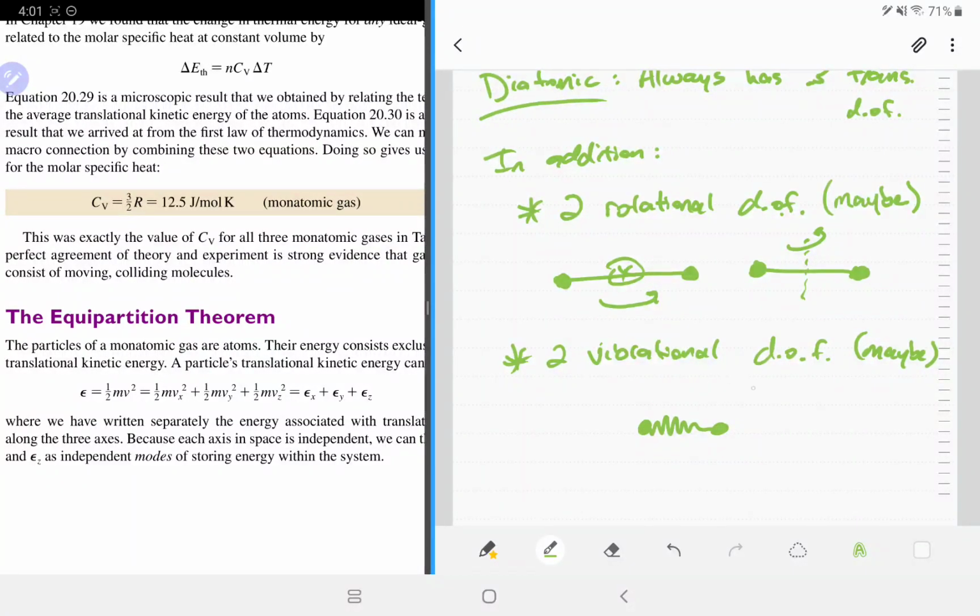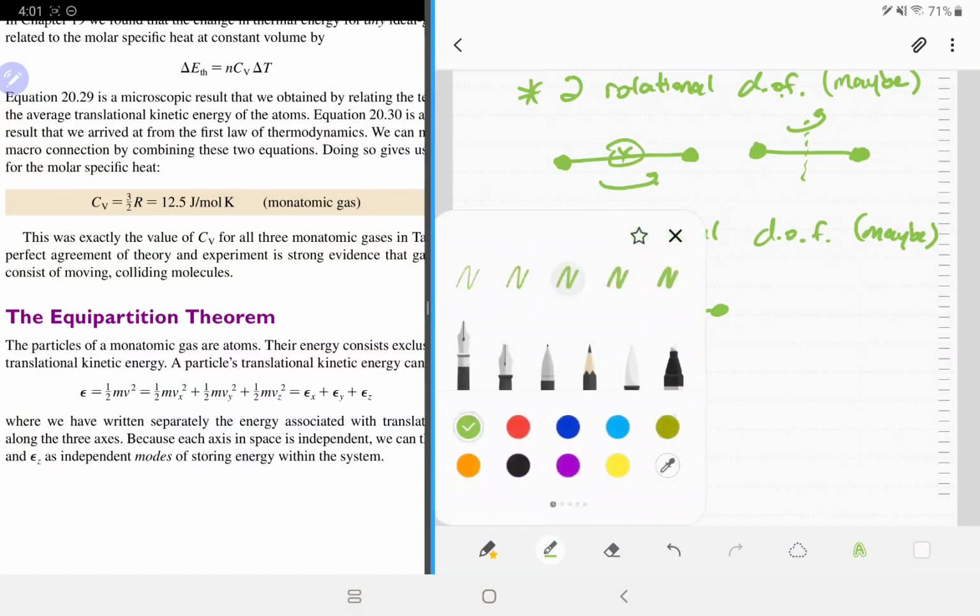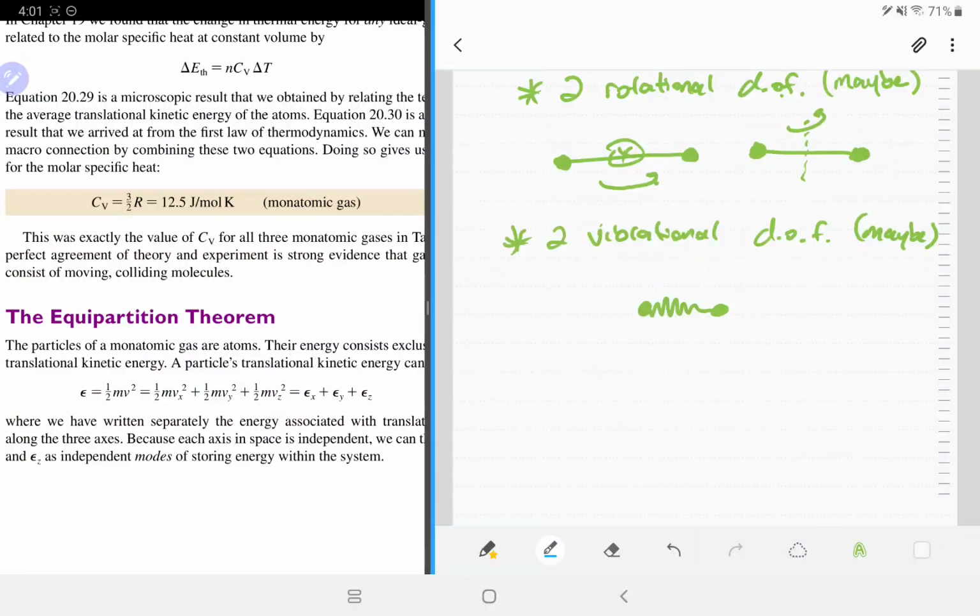If these are going back and forth, the vibrational degrees of freedom are accessible. So the key thing here is that it depends on the temperature whether these degrees of freedom are accessible.